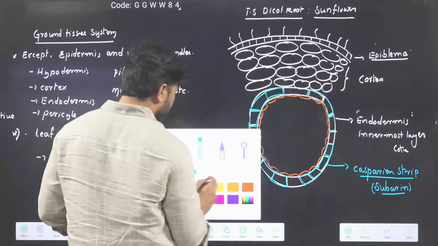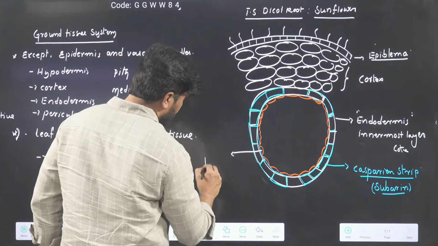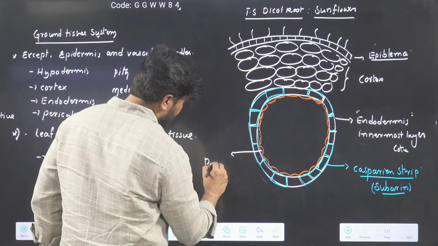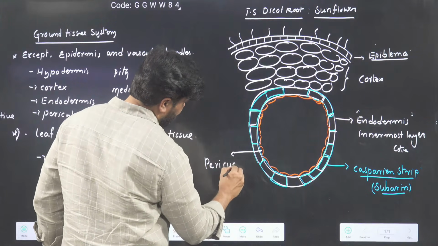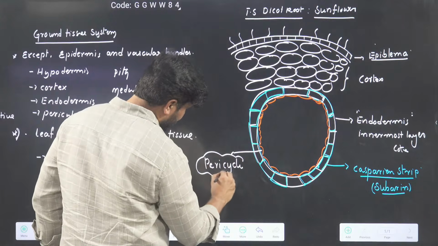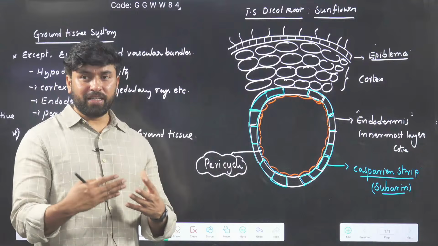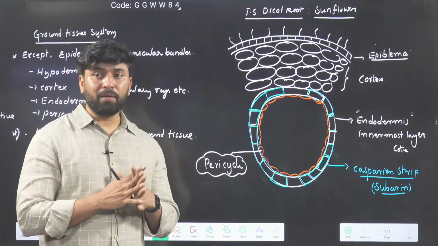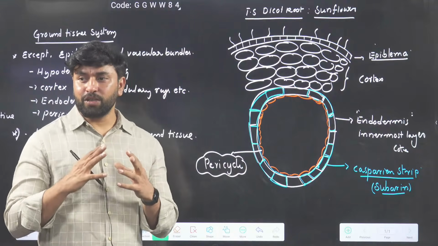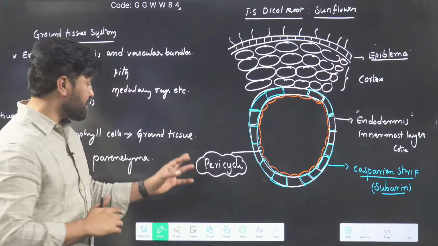Those thick-walled parenchymatous cells are known as pericycle. Which cycle? Pericycle. Around the vascular cycle, there is a presence of thick-walled parenchymatous cells, known as pericycle.